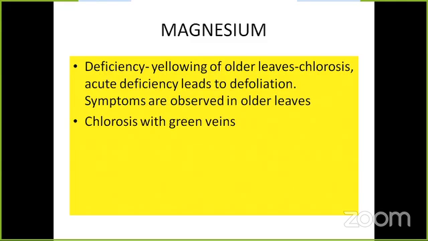Symptoms are observed in older leaves, as I said. Chlorosis with green veins: chlorosis is yellowing, the veins in the leaf remain green, and the area other than the veins becomes yellow.